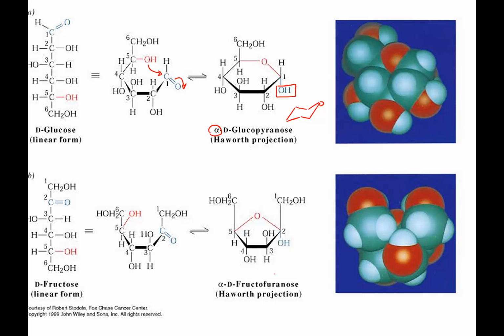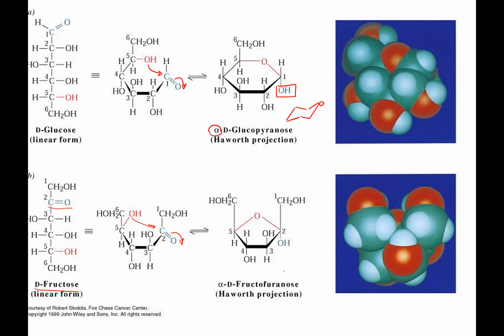You can have ketoses. If you take fructose, for instance, it is a ketone, with the ketone at carbon 2. So if the OH comes in and forms the cyclic ketal, or cyclic hemiketal, you end up with a fructose furanose.